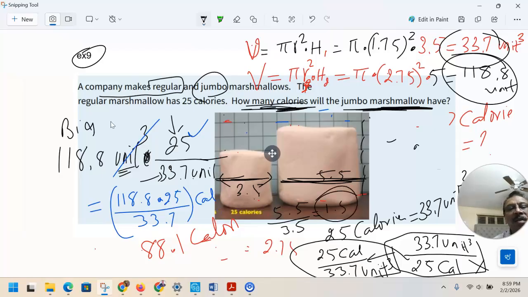But the problem is the volume. If you see, this is 33.7, and this one doesn't increase by the same amount.